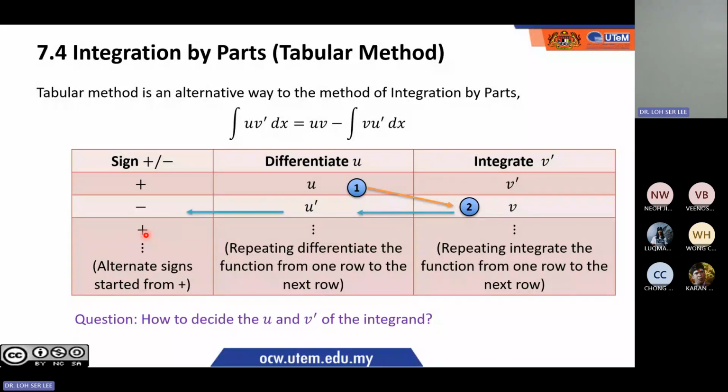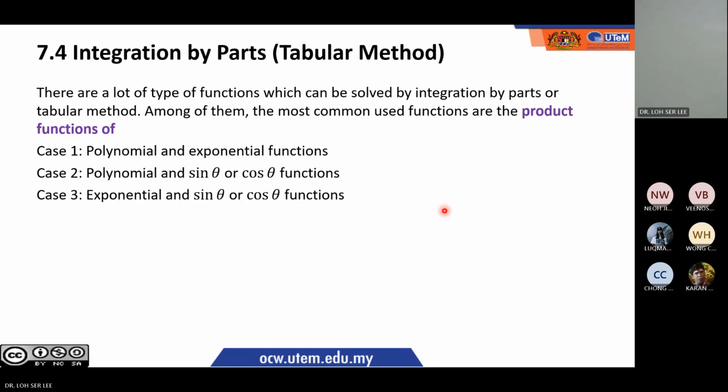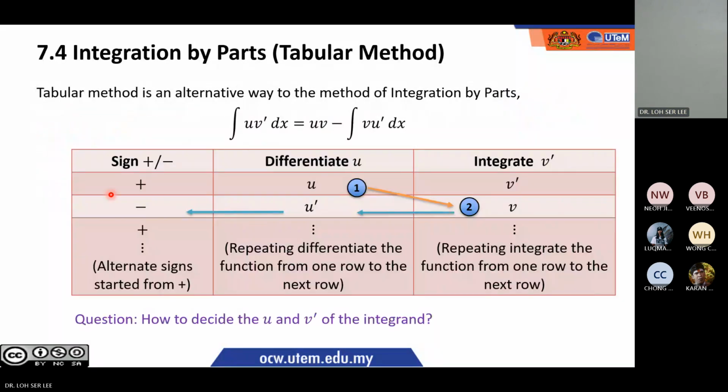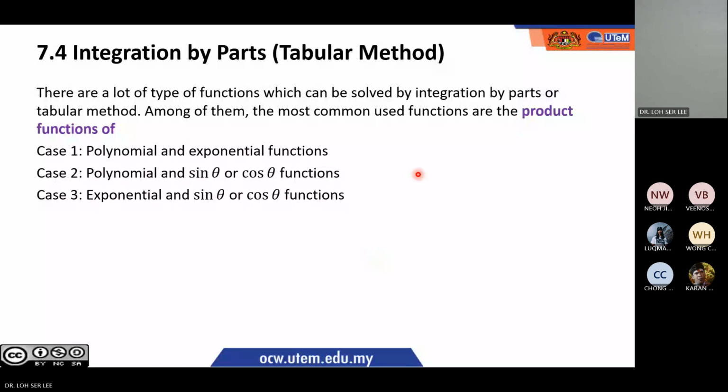So when we want to get the answer, we will multiply this one times this, this one times this. This is the general one, u times v. Ignore the arrow here. Later I will show you the examples.